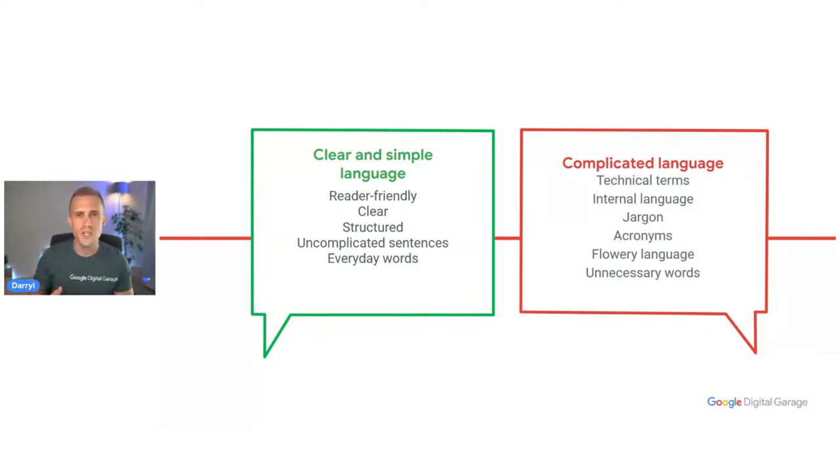So maybe use emojis, maybe use subheadings, maybe use just headings, maybe use bullet points, which some people steer away from, but clean and simple versus complicated language and technical words. Structure the message logically and use common words rather than jargon. And please don't use flowery language or unnecessary words. Save that character count and use words that are going to captivate someone's attention.